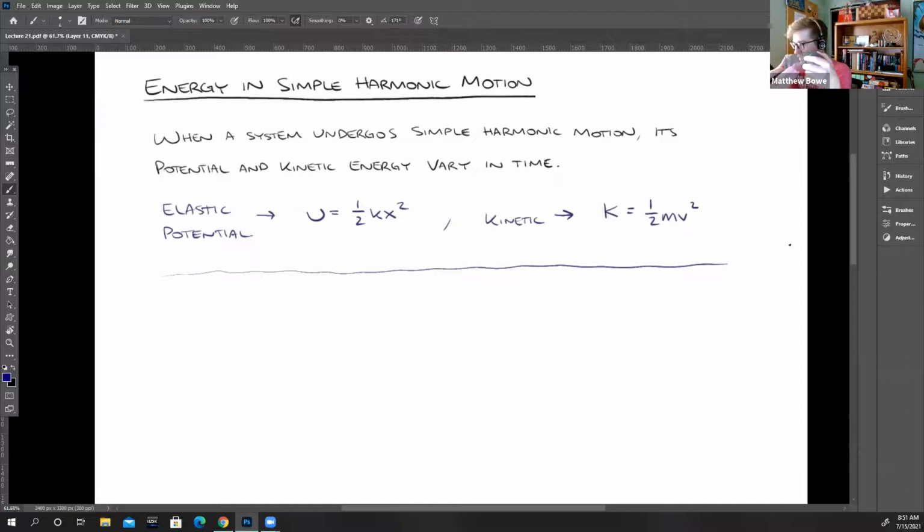And they left the problem right there. What if I let it go? It's going to snap back. What if I let it go and I want to find the energy somewhere in the middle here, or the elastic potential energy right here, or right here? How can I describe this?